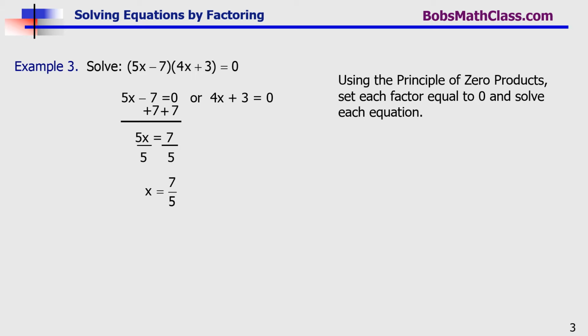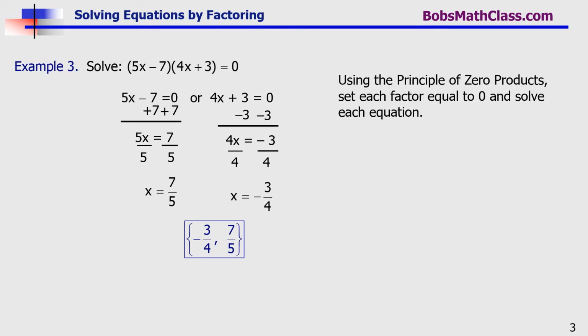Okay, let's do the work anyway. So subtract 3 on both sides. So that's 4x equals -3. Divide by 4. That will give you negative 3/4. Put it in order: negative 3/4 and 7/5.